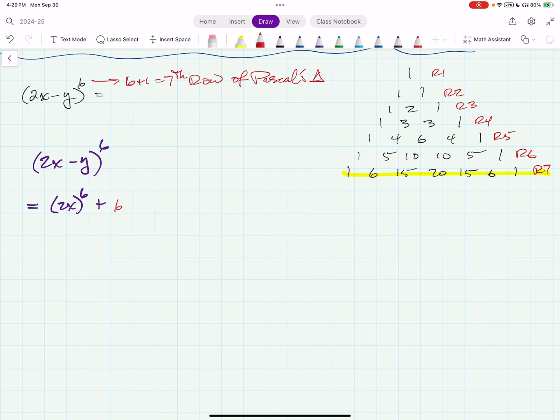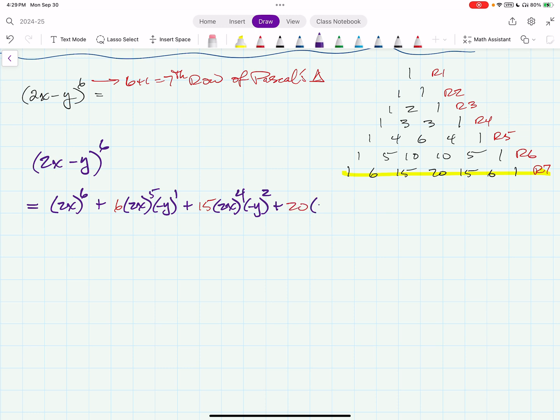That's my first coefficient, times 2x to the 5th times negative y to the 1st. Plus my next number here, which is 15. This is going to be a doozy, guys. Times 2x to the 4th times negative y squared, plus my next coefficient, which is 20.